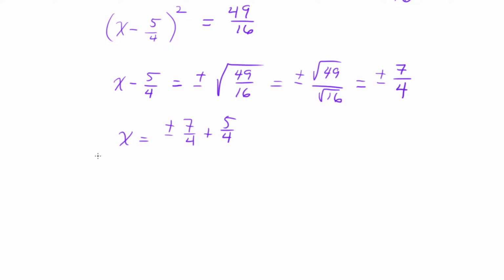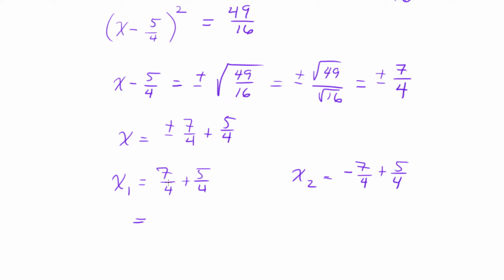Now, difference to the previous example, we had a square root, so we couldn't add them. But these are not square roots anymore. So we can add them and subtract them both. So x1 is positive 7/4 plus 5/4. x2 is negative 7/4 plus 5/4.